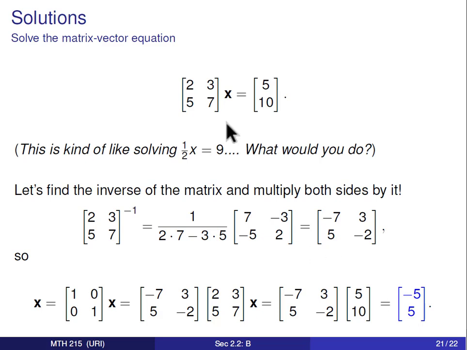And so what I did is I cleared out the left-hand side by canceling out that matrix by multiplying by the inverse. The left-hand side just turned into x. The right-hand side just turns into [-5; 5]. And that tells me x is [-5; 5]. And if you were to do the row reduction of an augmented matrix, this is the solution you should come up with as well.